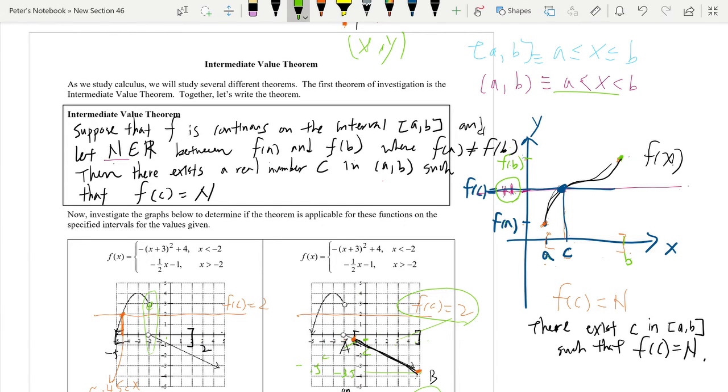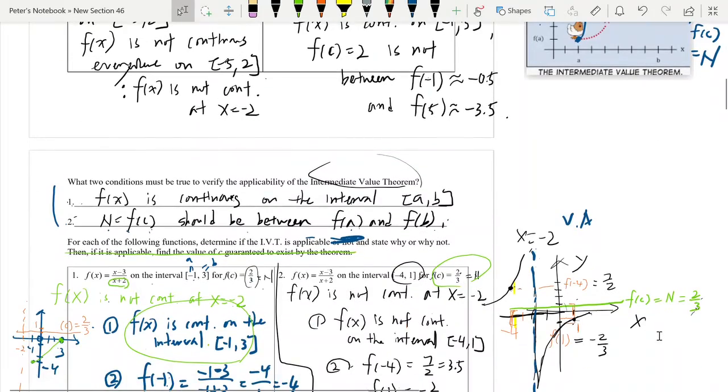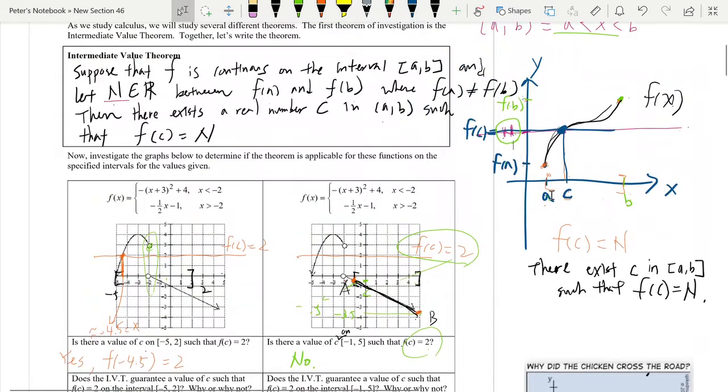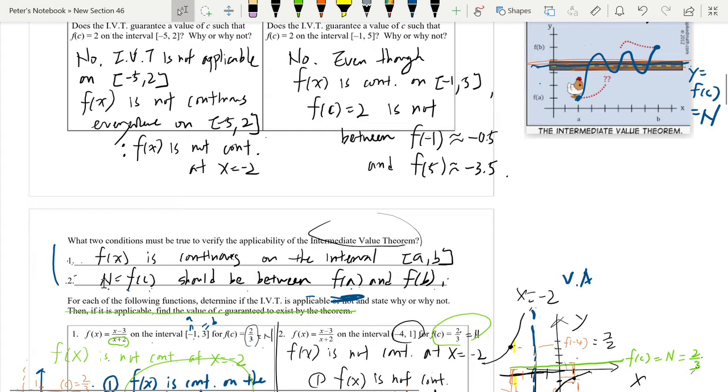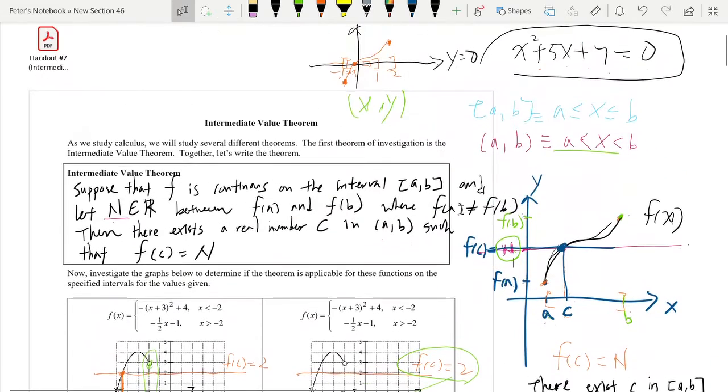Two conditions that we talked about were, first of all, f of x should be continuous on the interval a to b, and my value n equals f of c should be between f of a and f of b.